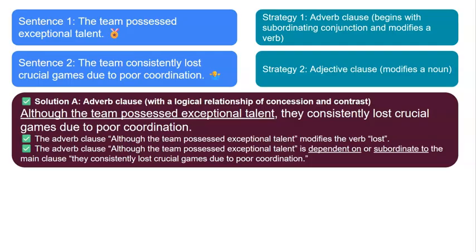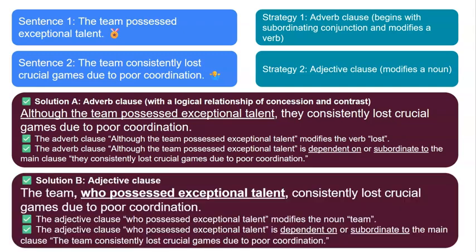The adverb clause, although the team possessed exceptional talent, modifies the verb lost. The adverb clause, although the team possessed exceptional talent, is dependent on or subordinate to the main clause. They consistently lost crucial games due to poor coordination. That's solution A. Let's move on to solution B, which is our adjective clause.